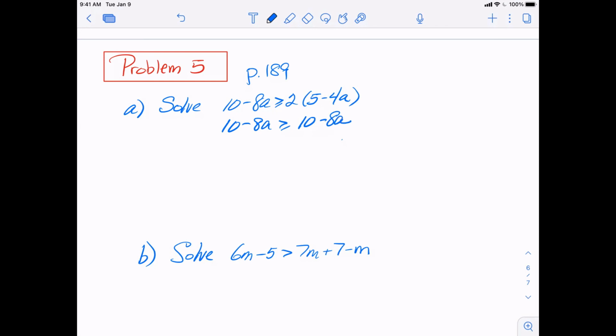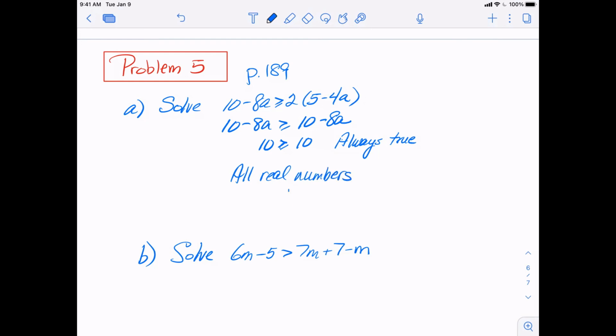Well, let's just add 8a to each side, in which case we'll get 10 is greater than or equal to 10. Now this statement, 10 is greater than or equal to 10, is always true. So that means that the solution is all real numbers.